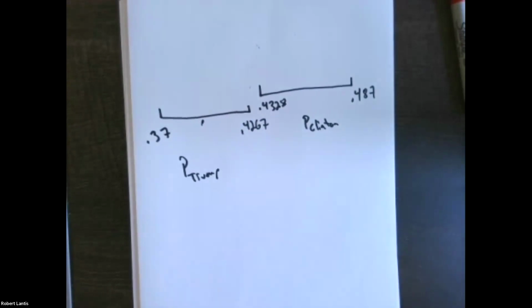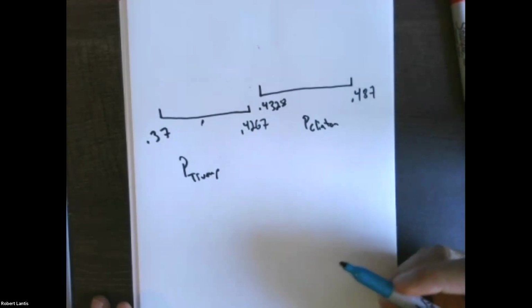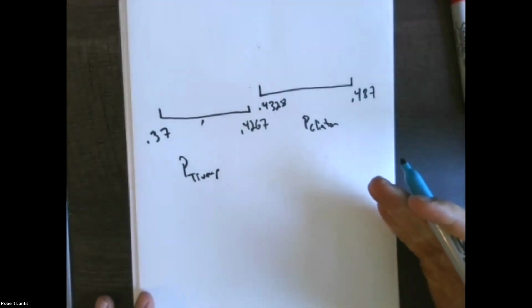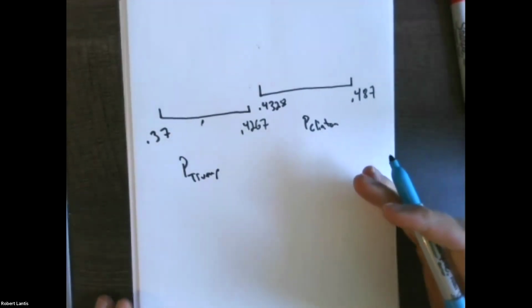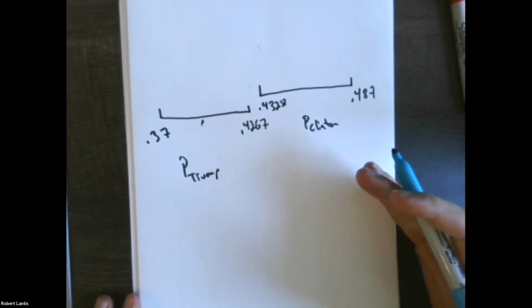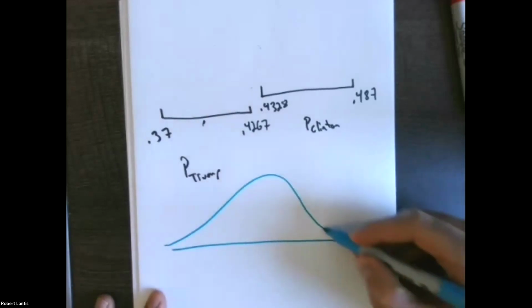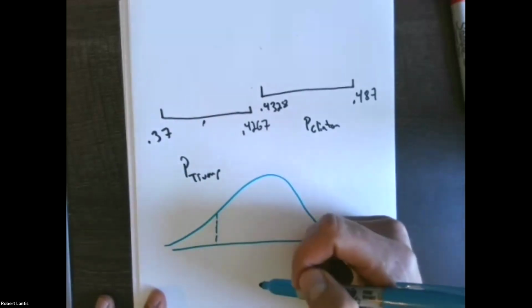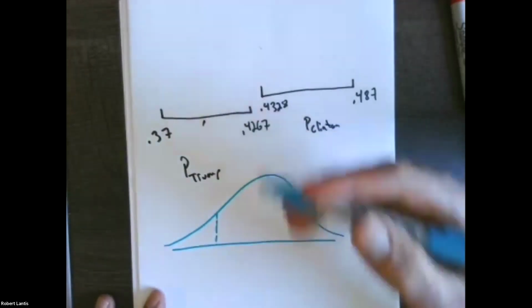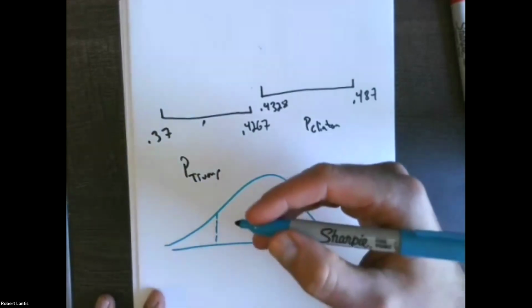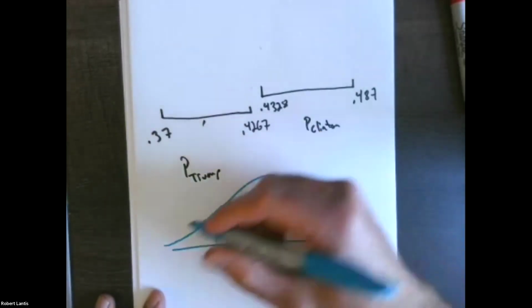What if I wanted to say this at the 99% level? Well, what's going to happen? Well, my sample proportions I found are still the same. My sample sizes are still the same, so it's the same standard deviation of my sample proportions. But remember, if I want to go to a higher level of confidence, alpha goes from 0.1 to 0.01.